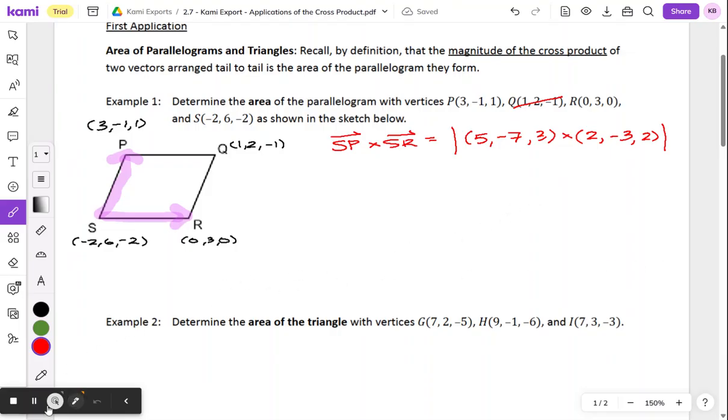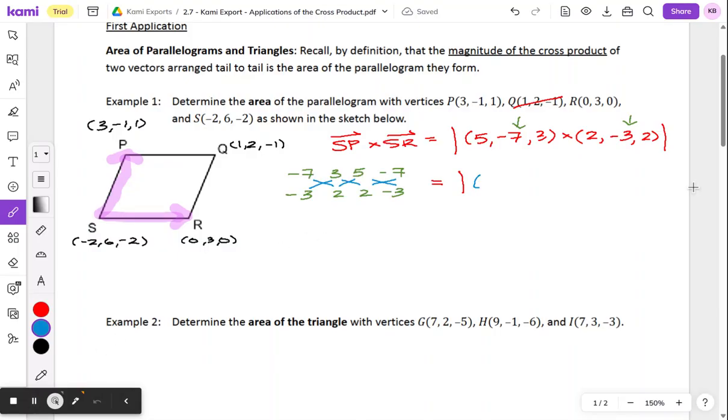So the next step would be to calculate the cross product of these. And remember, when you're writing out the list of numbers for your calculation, you always start with the Y coordinate, and then Z, X, and then come back and do the Y again.